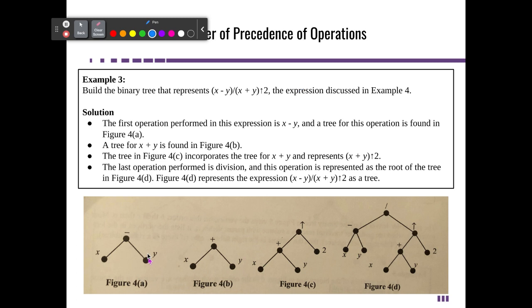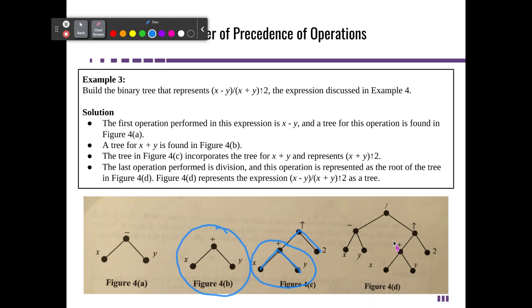The first operation we performed was x minus y. The second one was x plus y. Then we take the x plus y and we add on the raised to the second power. So basically we took this guy right here, and there he is right here, and we're going to take this and raise it to the second power.